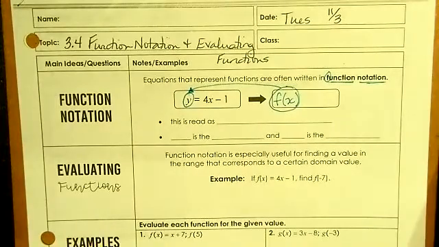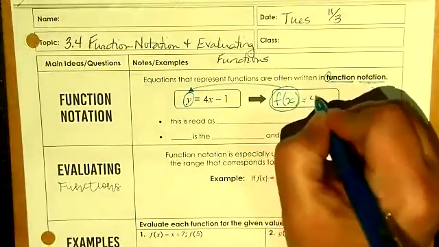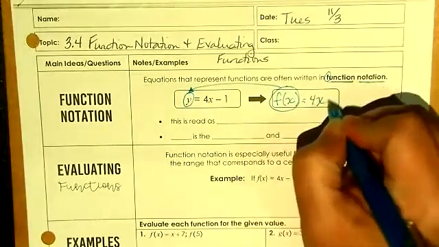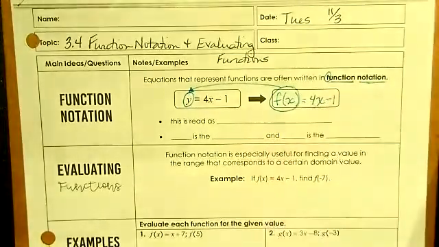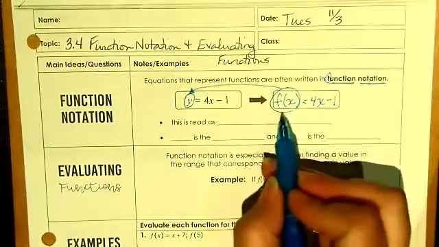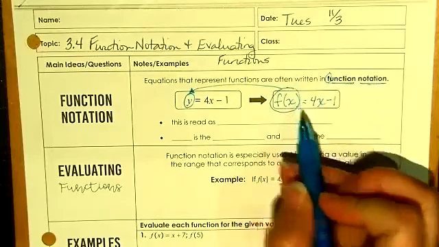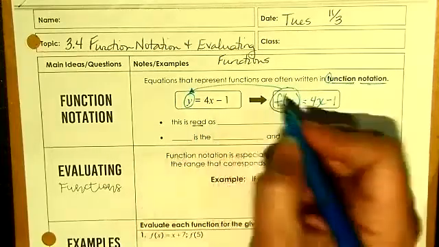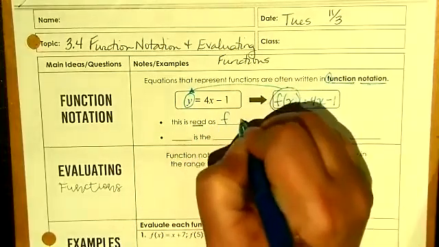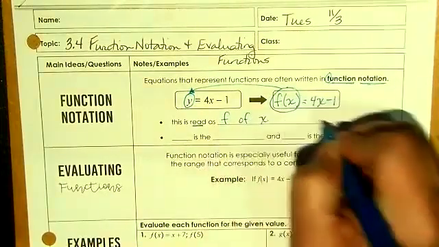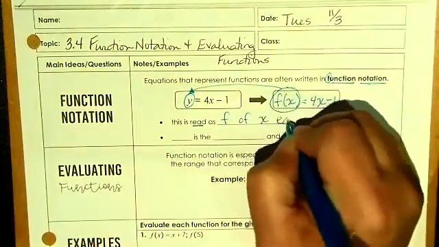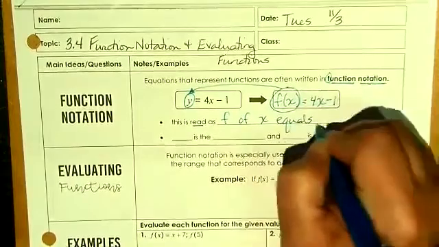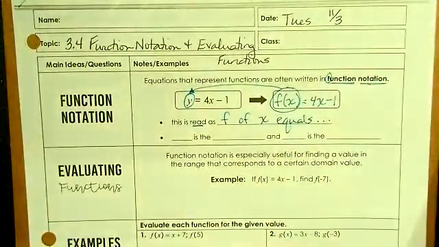It's the mathematical function way of writing y equals 4x minus 1. Notice the only thing that changed was instead of writing y, we write f parentheses x parentheses. And this is read as f of x equals, and then the rest of the rule.